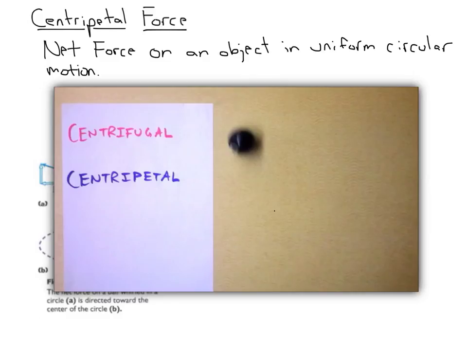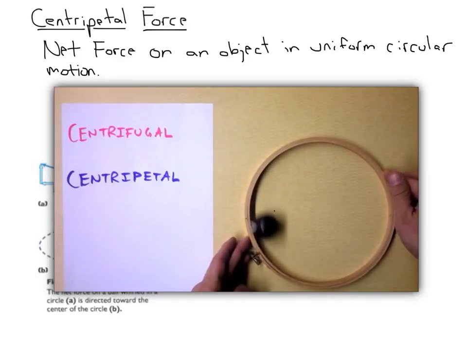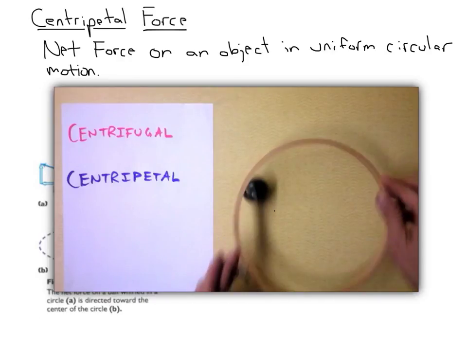Rewind that one more time so you can see that again. We can see the ball in the ring here. The ball was going in this direction around the ring, and it just continues going in a straight line.